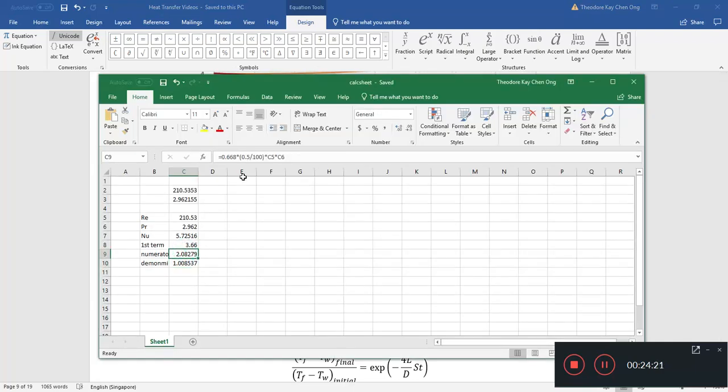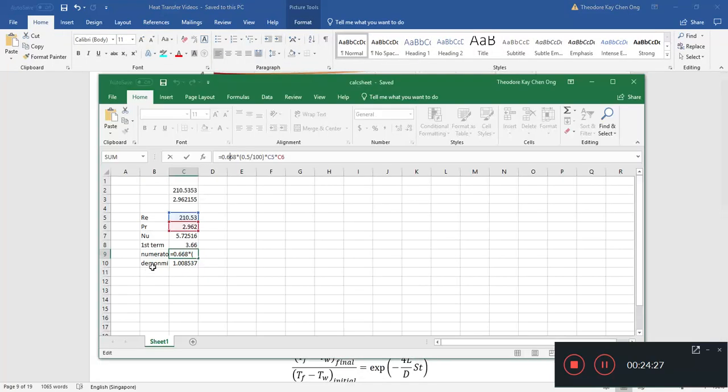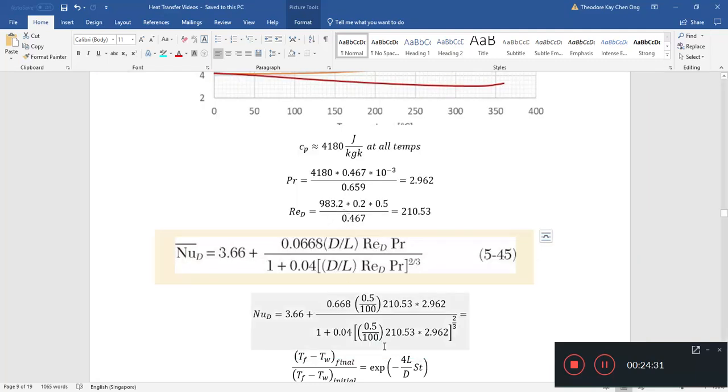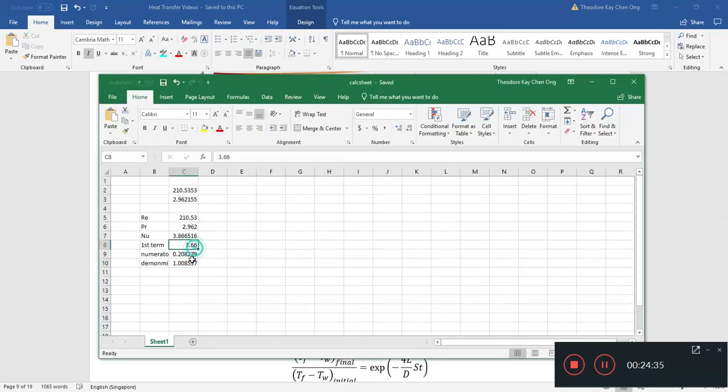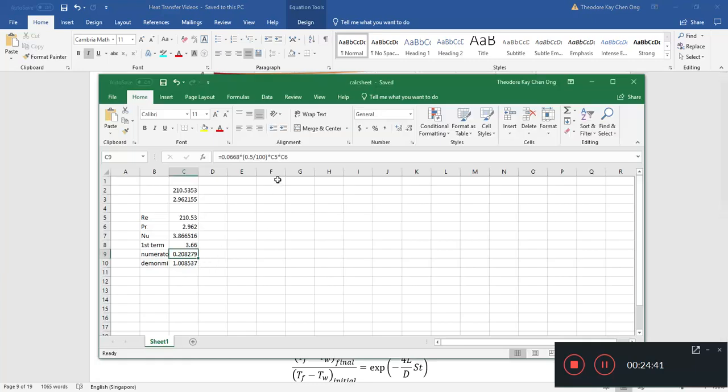5.7526. So let's check again. 0.668. I think I'm missing a 0 here. Let's put another 0 here. Just make sure you copy it right. 0.0668 D/L times the Peclet number.